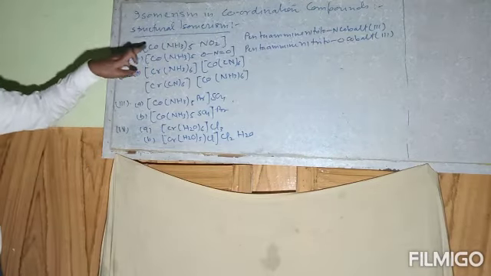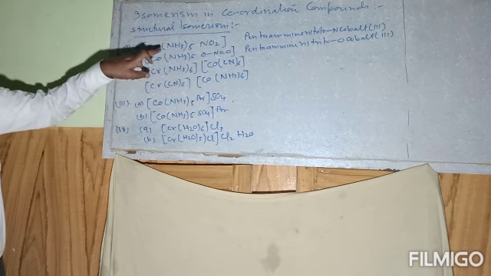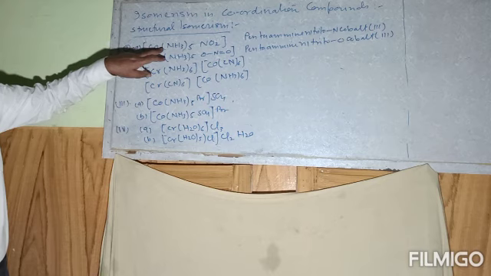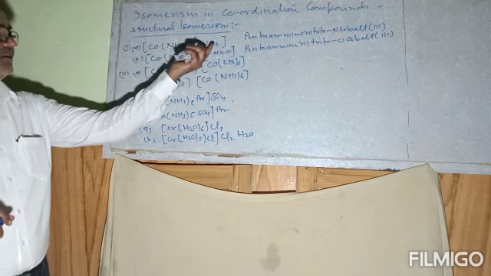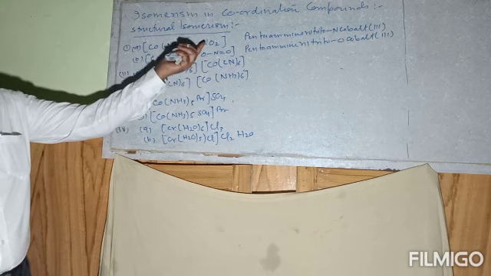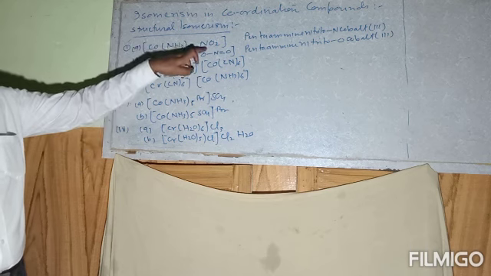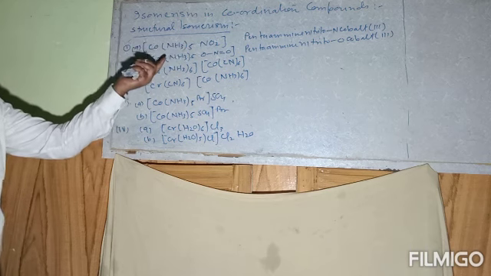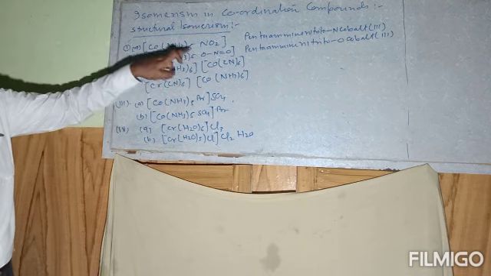You see that the molecular formula is the same, but the two compounds differ with respect to the coordination bond formed by the nitro group. Here in this example there is a coordination bond between cobalt and nitrogen, and in this example there is a coordination bond between oxygen and cobalt.